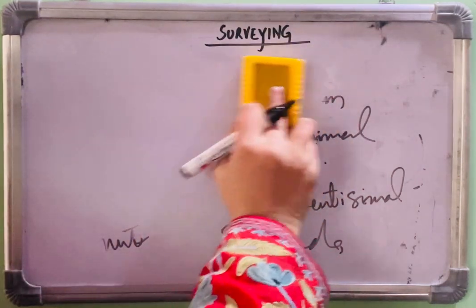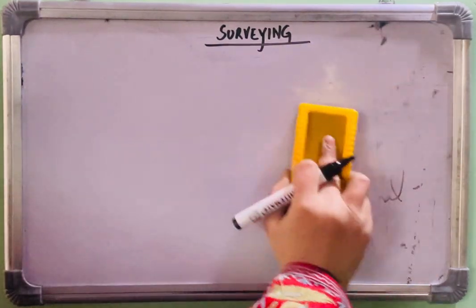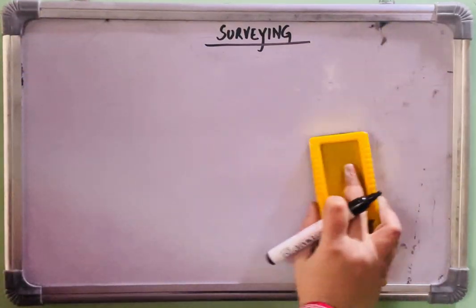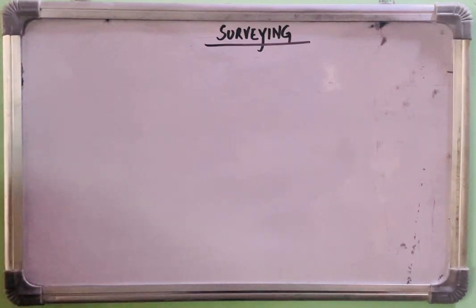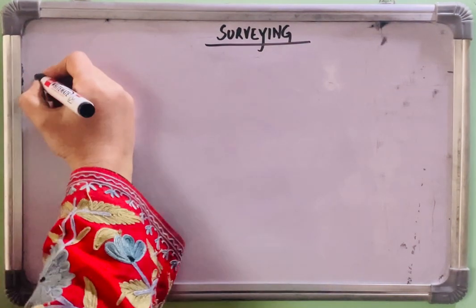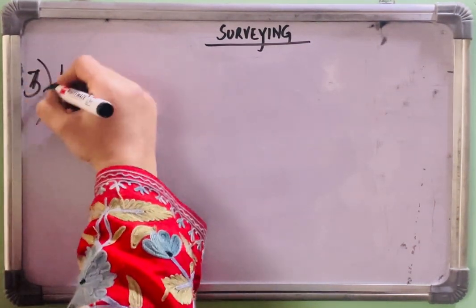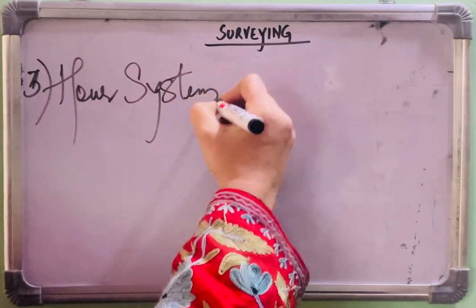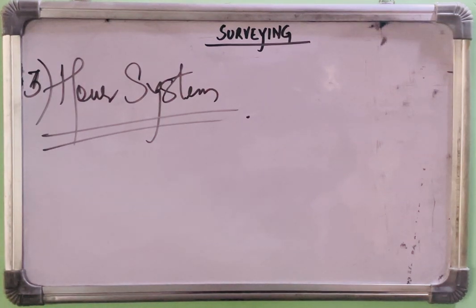The third and last system is the hour system, a form of measurement of angles. The first one was the sexagesimal system, the second was the centesimal system, and the third one is the hour system. This system is used in astronomy and navigation.